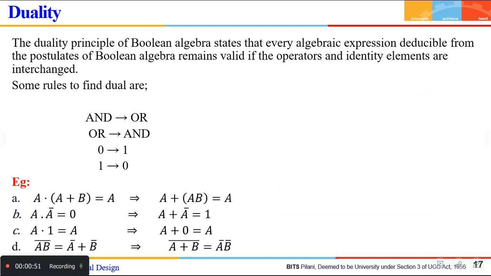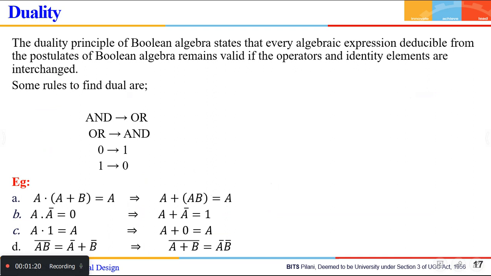Okay, duality. What is duality? See, you have a Boolean equation, right? You have Boolean operators. What are the Boolean operators? Tell me. Not, and, or, right? So you can interchange them. In place of and, you put or, and in place of or, you put and.